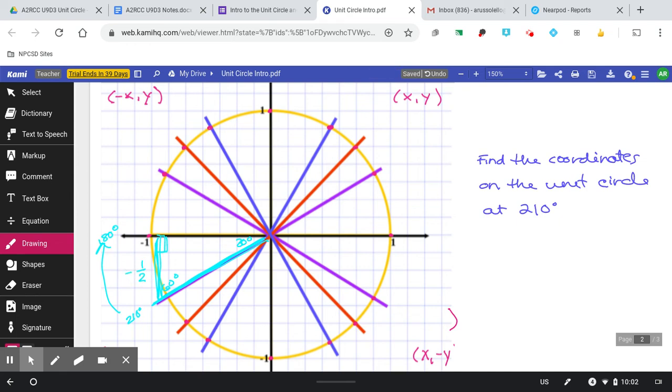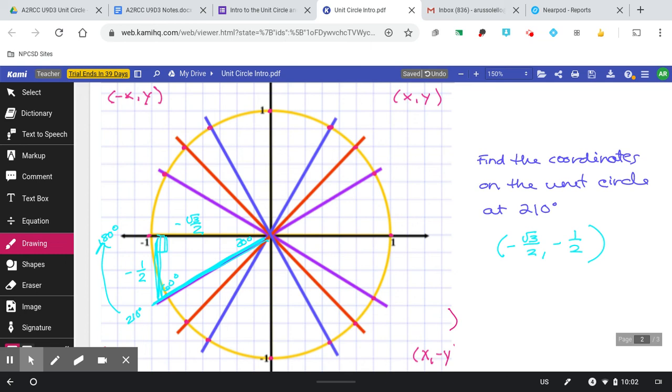And then the side across from the 60 degrees is going to be radical 3 over 2, and in this quadrant it's also negative. So the answer to the question is going to be negative radical 3 over 2, negative 1/2. Okay, so you're going to have to find the reference angle, and then you're going to label your triangle, and then find the coordinate that way.